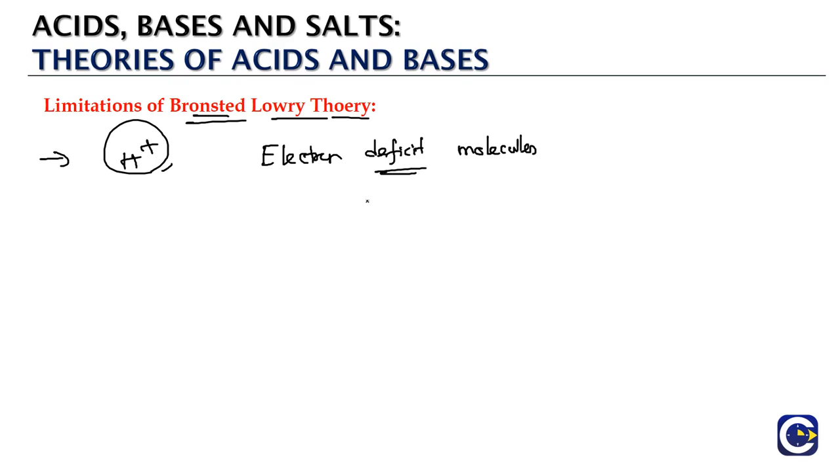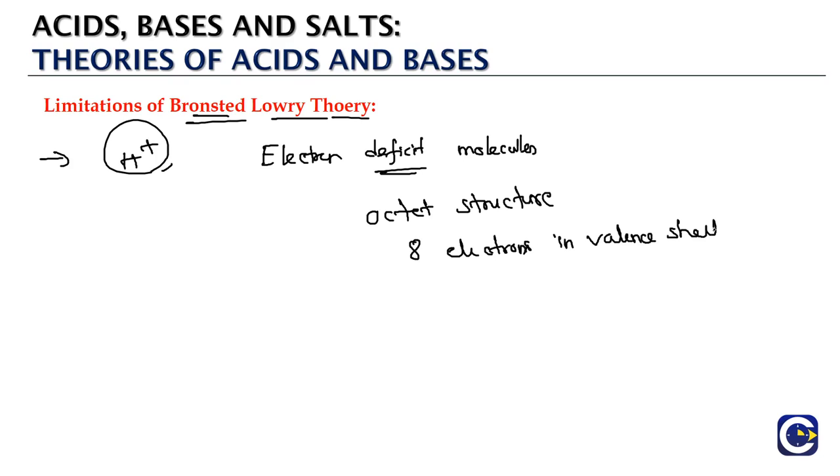So elements will try to form chemical compounds or chemical bonds in order to reach what we call the octet structure. Octet structure is basically an 8 electron structure in the valence shell.